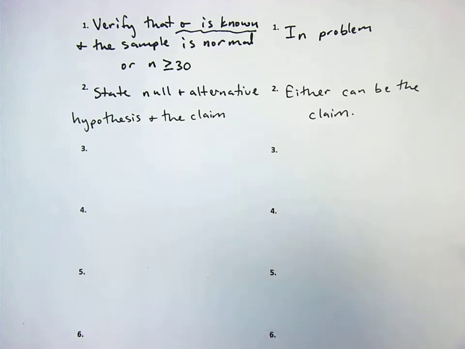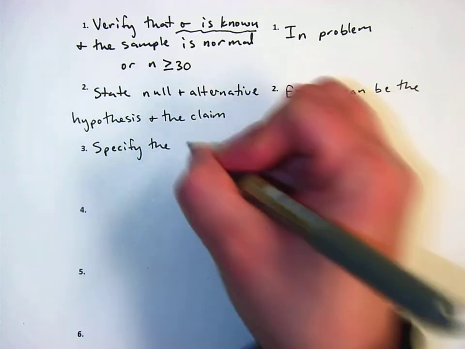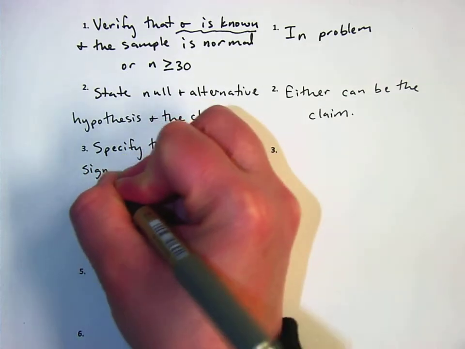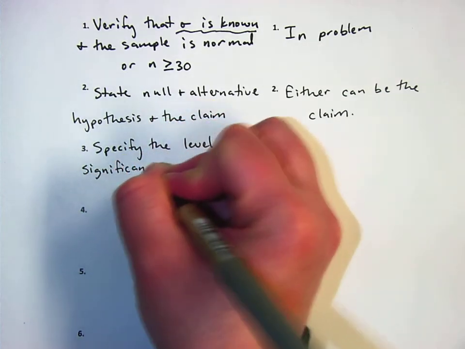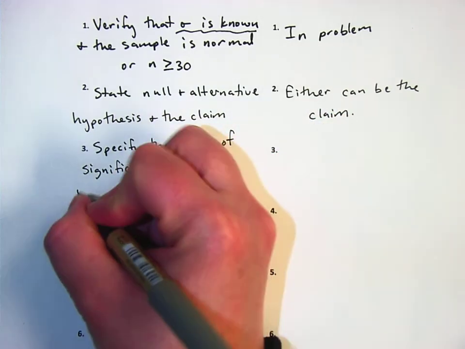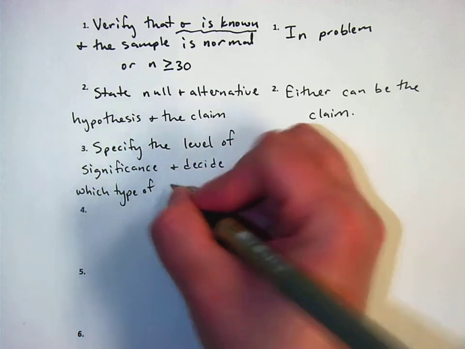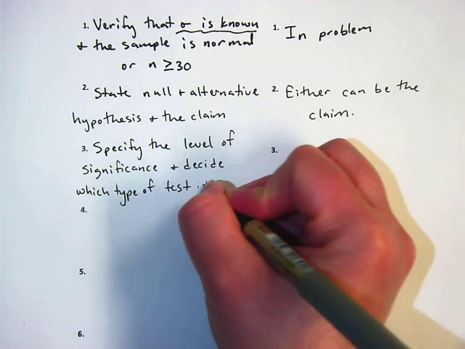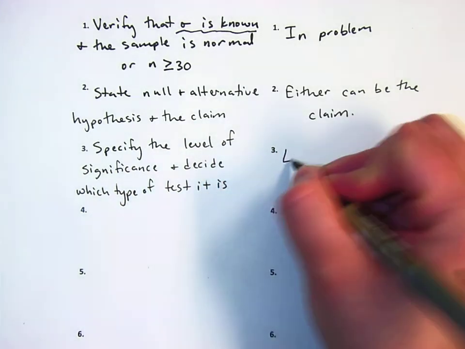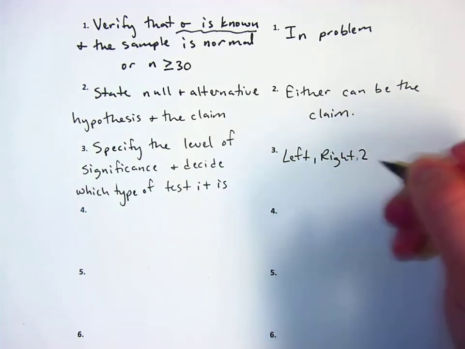Step 3 is to specify the level of significance and decide which type of test it is. This could be a left-tailed test, a right-tailed test, or a two-tailed test.